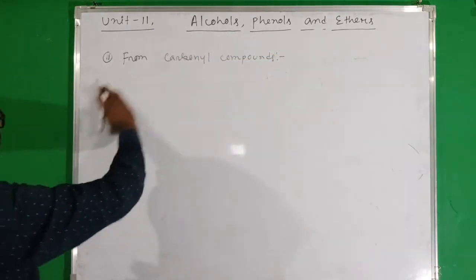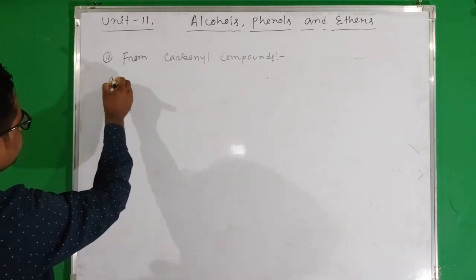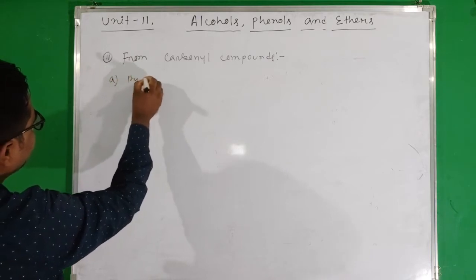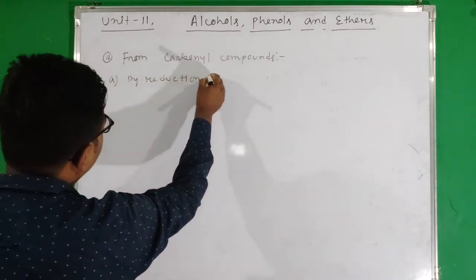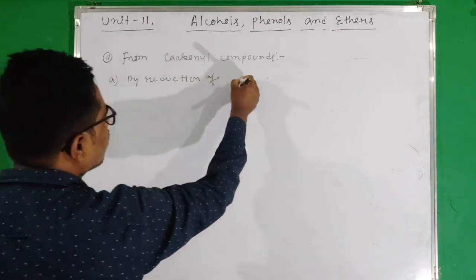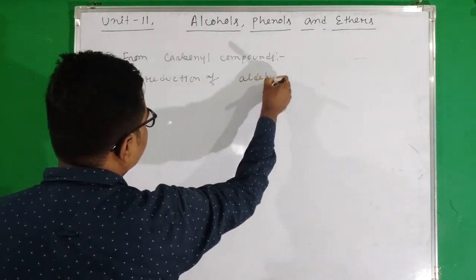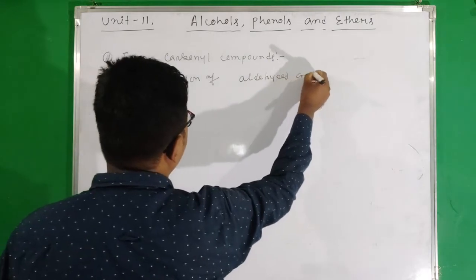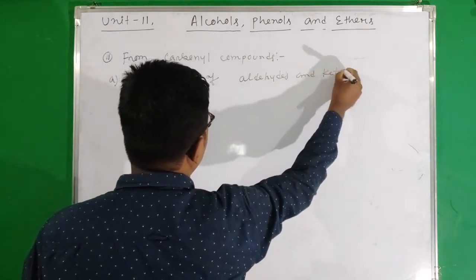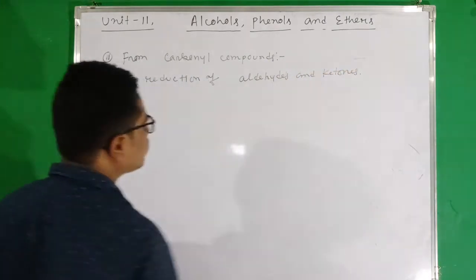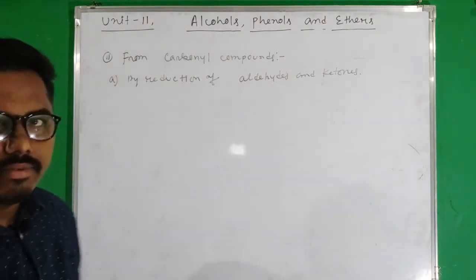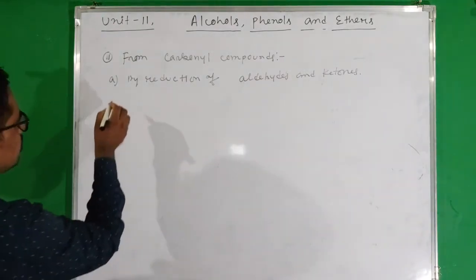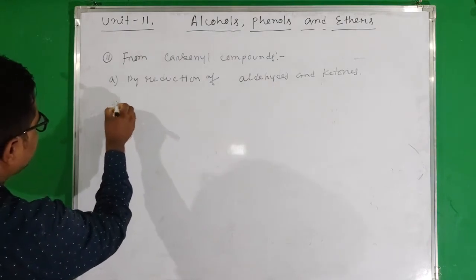Okay, so here the number A is by reduction of aldehydes and ketones. In organic chemistry generally we will use these reducing agents.